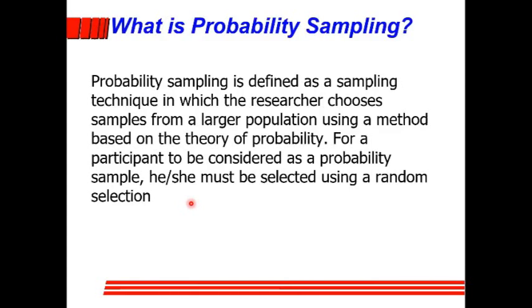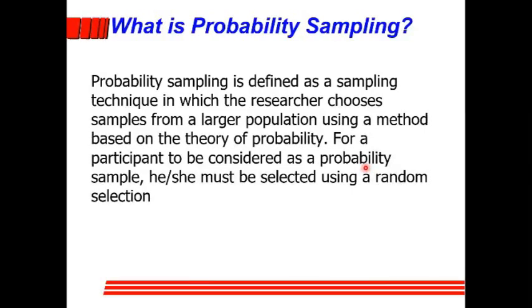So, kapag naman pinag-uusapan natin is yung random or we have this random selection, ibig sabihin, for example, meron tayong 1 to 10. Number 1 up to number 10. Kapag sinabi natin na random, pwede tayo mag-select either 1, 3, 5, or kung ano man doon kasi random din naman siya. And considered as probability sample naman, let's say we need to have a sample of 100.